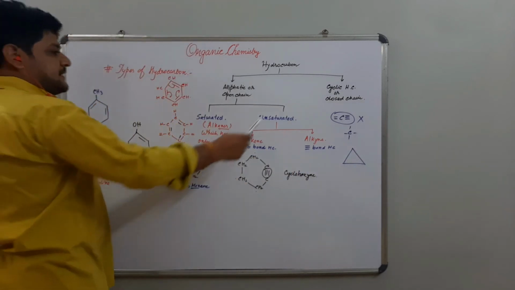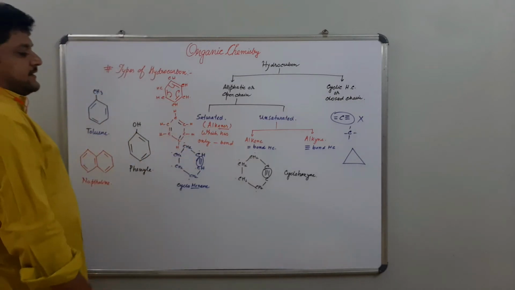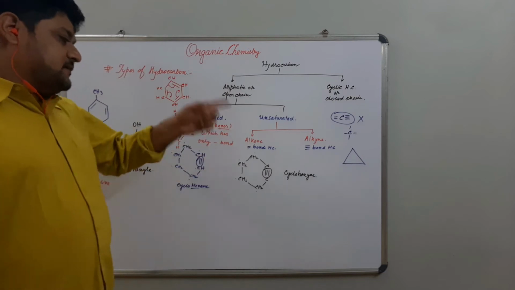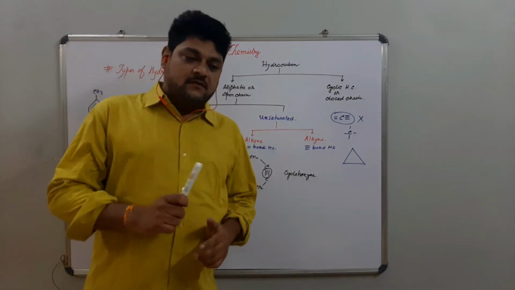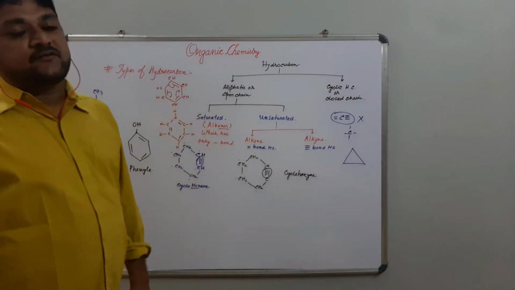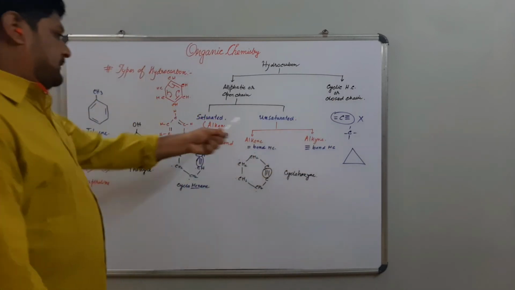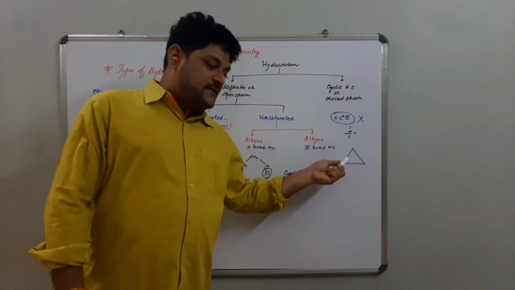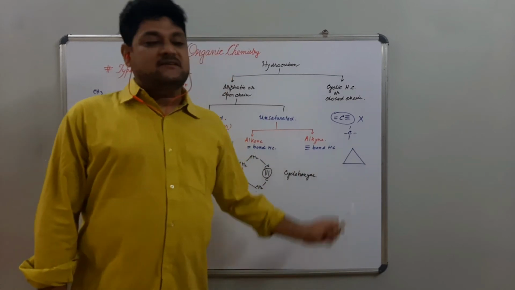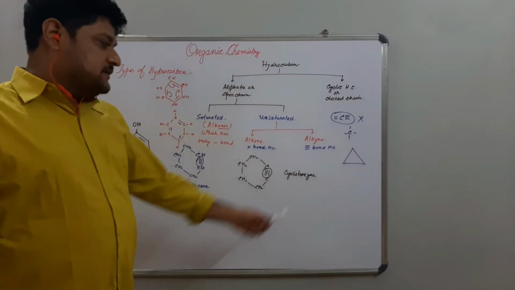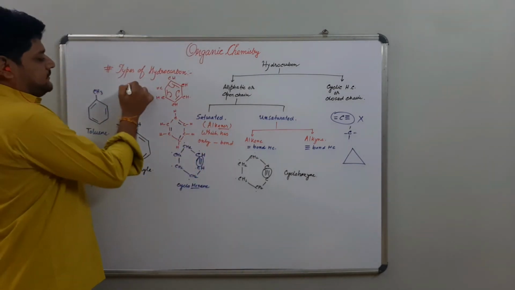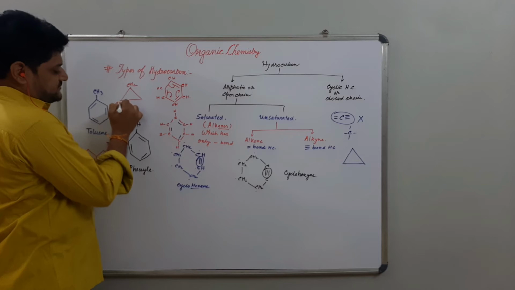Okay, and the cyclic hydrocarbons are like this. They have single bonds, double bonds or triple bonds in their cyclic structure. They are a closed structure, and the very basic closed chain hydrocarbon is cyclopropane. Why propane? Because to cover an area we need at least three sides, at least three straight lines, so the structure will be like this.